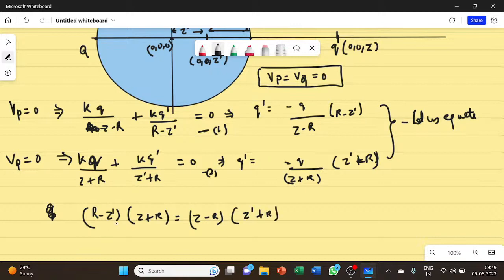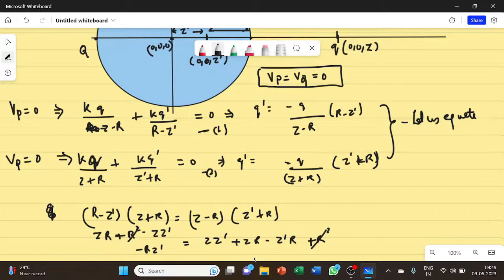And here, if I try to find the answer, this will be zr plus r square minus zz dash minus rz dash, and this is zz dash plus zr minus z dash r plus r square. So r square gets cancelled, I guess, if I'm not wrong. Okay, there is some mistake somewhere. I don't know what the mistake is.